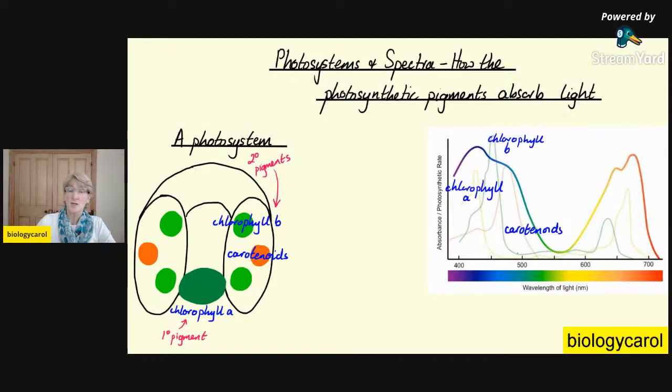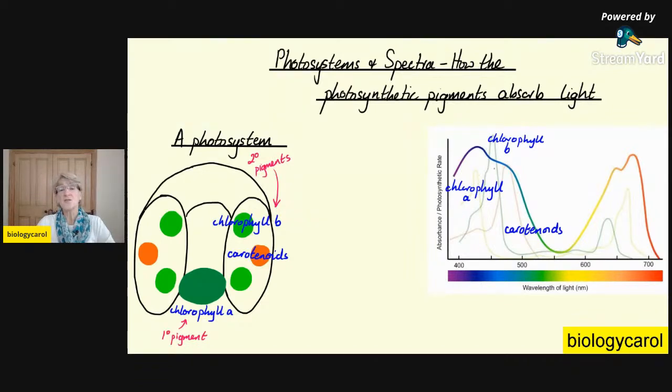Those colors are dependent on the wavelengths of the light. So red is a very long wavelength, 700 nanometers. Relatively short wavelength is down at the violet end, 400 nanometers.